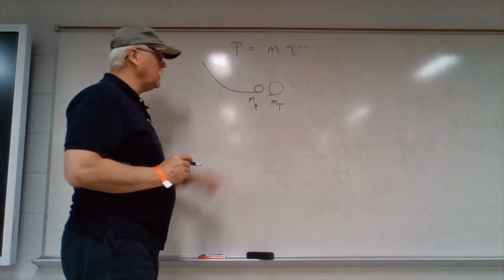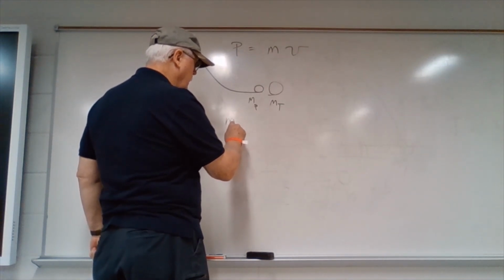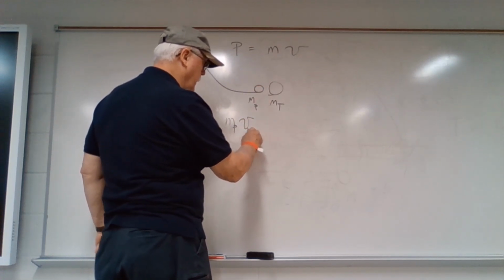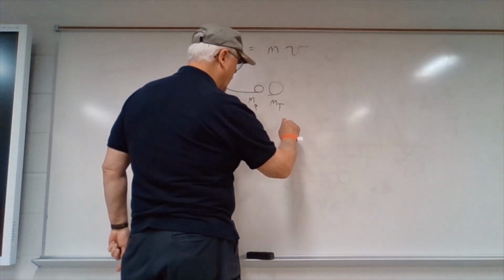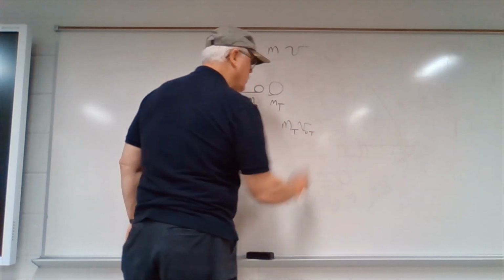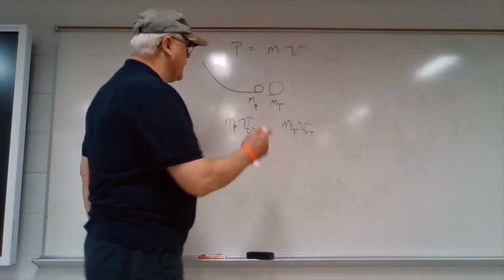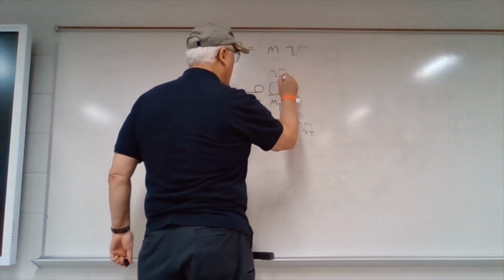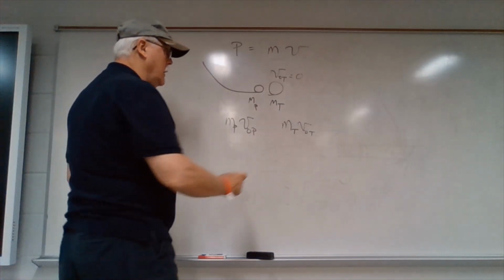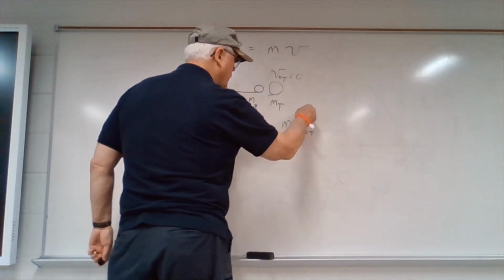So the momentum of the projectile is MP V. Now this is the initial velocity, V0P. And the momentum of the target is MT V0 target. Which, if this thing is sitting stationary, V0 target equals 0. So that term is 0.